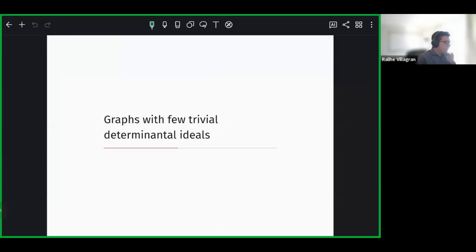So now I want to talk about graphs with few trivial determinantal ideals. This will help us to then characterize graphs whose sandpile group has few invariant factors equal to 1, or even more than that, graphs whose minimal forms for the distance matrix or other matrices have few invariant factors equal to 1.